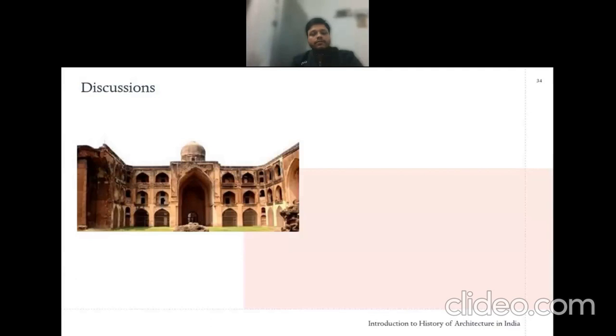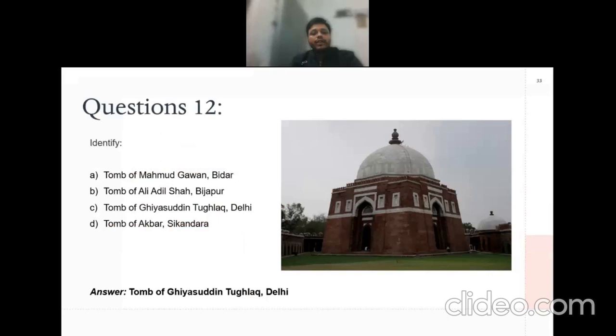Can you identify this structure? Okay, you can even see the options from here. So these are the 4 options. One of these options is the tomb of Ghiyasuddin Tughlaq. The other 3 options are the tomb of Mahmud Gawan of Bidar, then tomb of Ali Adil Shah of Bijapur, and the 4th one is tomb of Akbar of Sikandra.